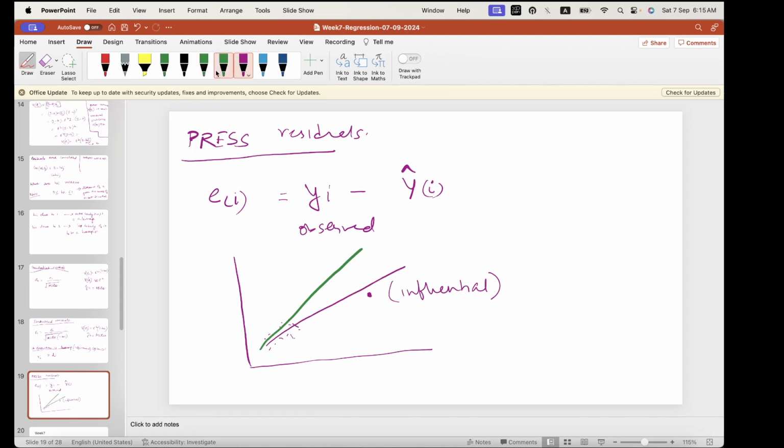This is actually my xi, yi. Because of the presence of this point, keeping the ith observation intact, somewhere along this line, in this blue position, we'll have yi hat.